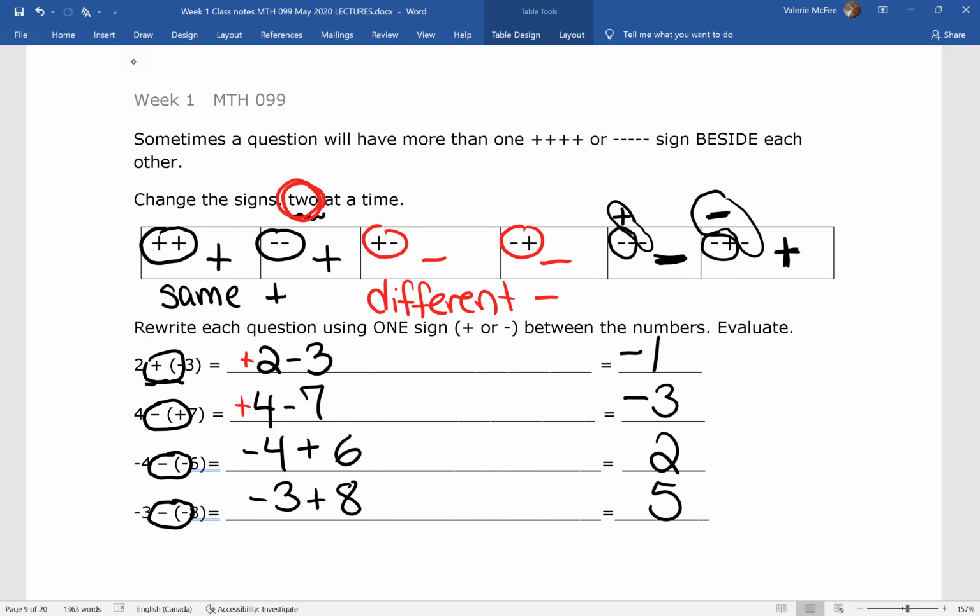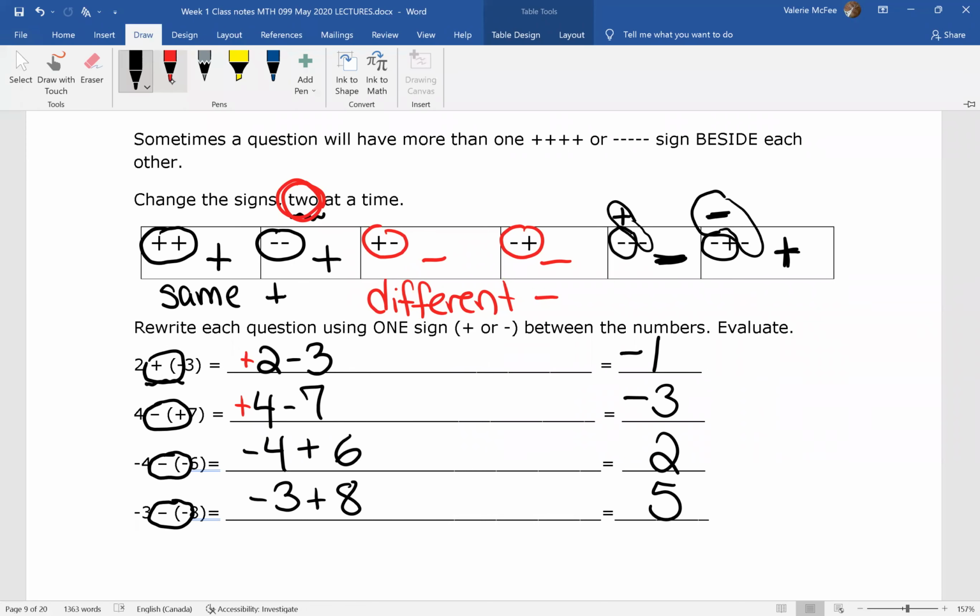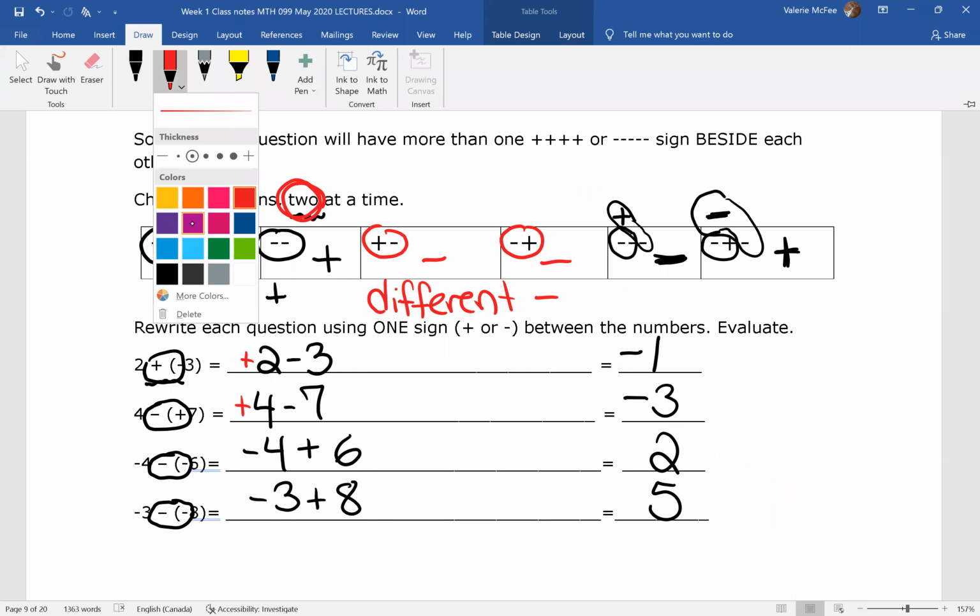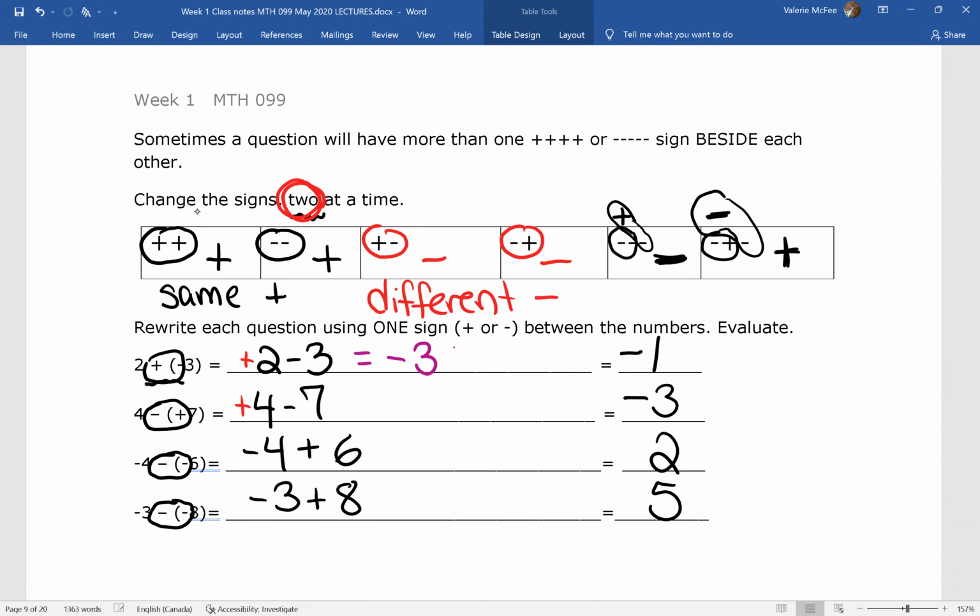I have more positives. You know, it might be even easier to know that you can rewrite these questions. I could rewrite this as -3 plus 2. Is that easier for you to look at? I can rewrite this as -7 plus 4, as long as the negative sign stays with the number that it's beside.